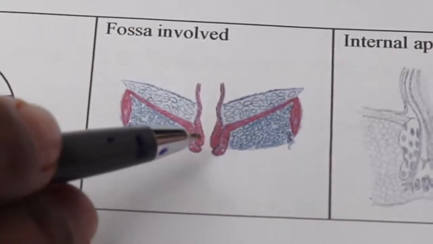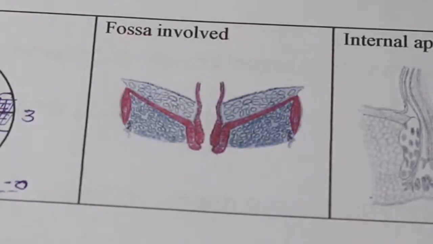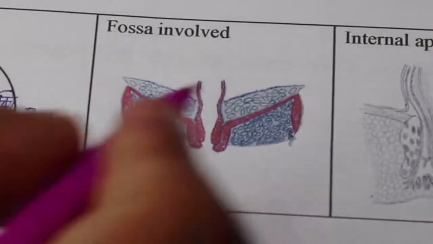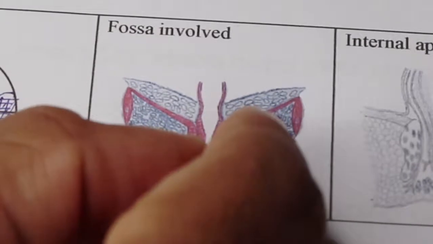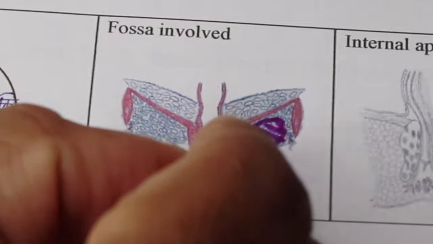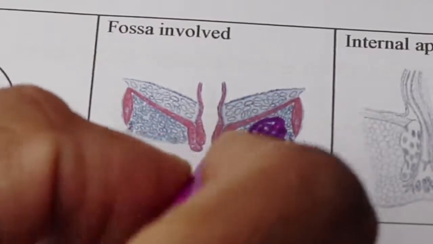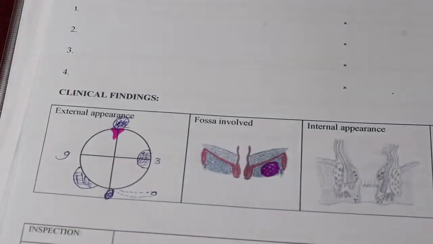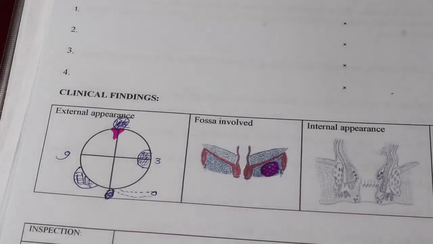If a patient with any anorectal problem comes to us with fossa involvement, say the ischiorectal fossa, then based on our palpation or inspection we can identify where exactly the collection is. So this second diagram will help us understand which fossa is involved, especially in case of abscess.